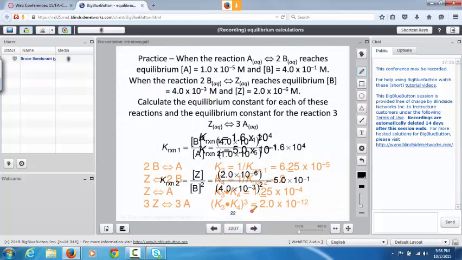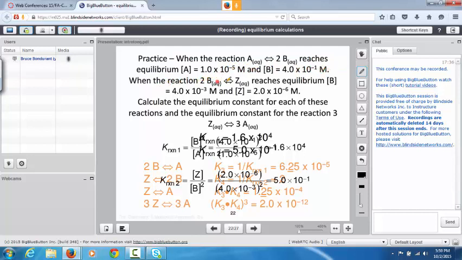Okay. Let's see. This is sort of a jumble, but you have a reaction. A goes to 2B, it reaches equilibrium. A is 1 times 10 to the negative 5th molar, B is 4 times 10 to the negative 1st molar.